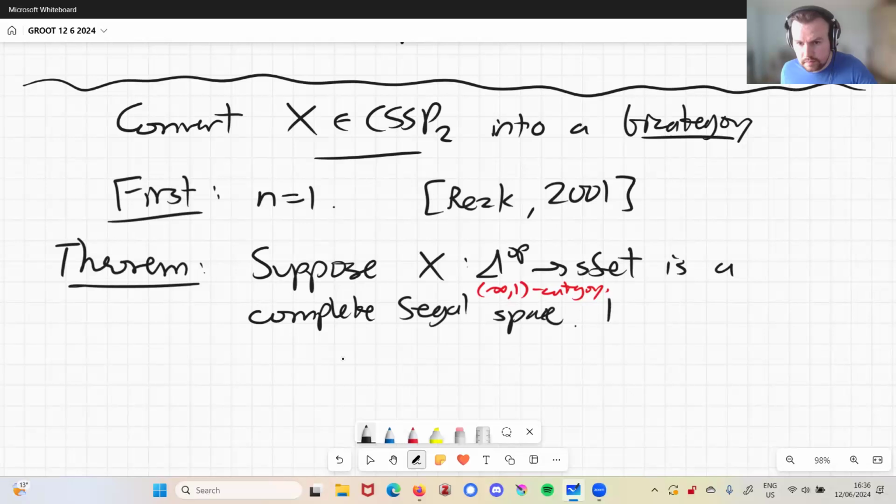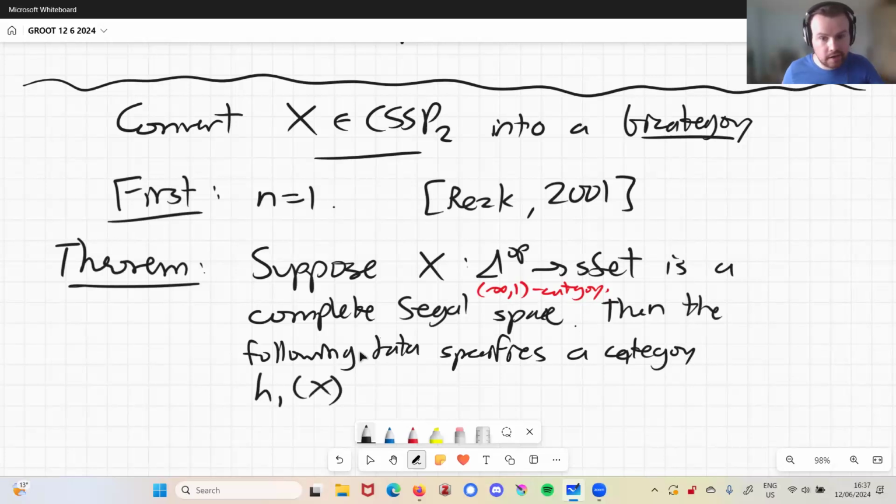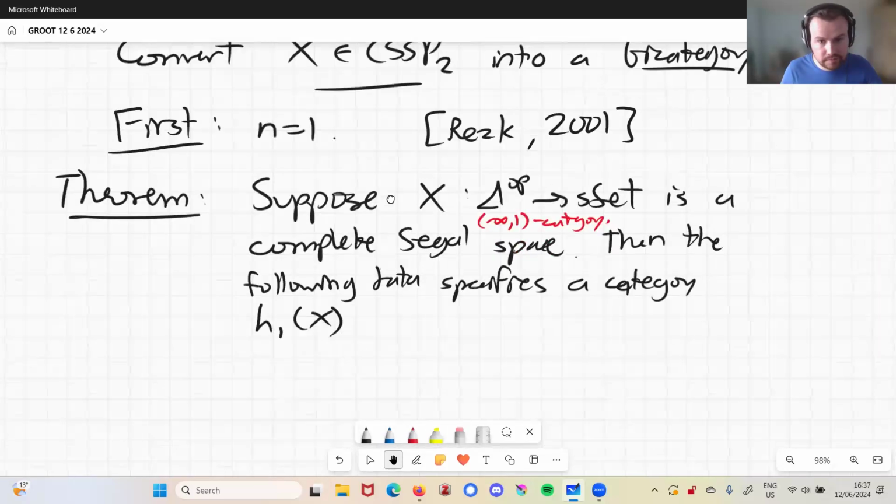Then the following data specifies a category, which I'm going to call H1 of X, the homotopy 1-category of our infinity-one category.